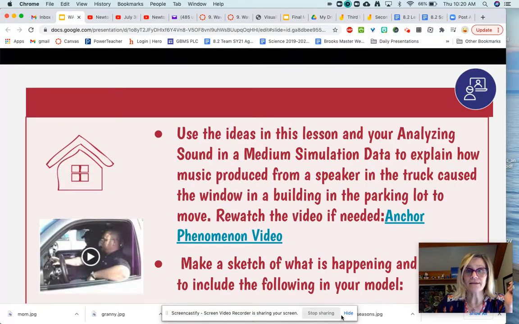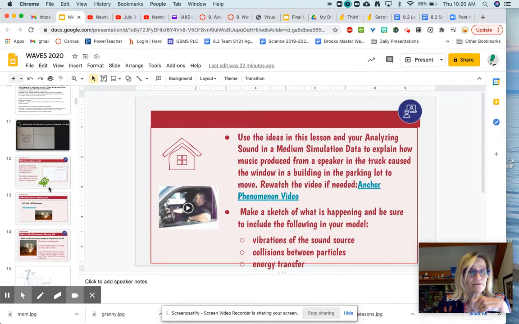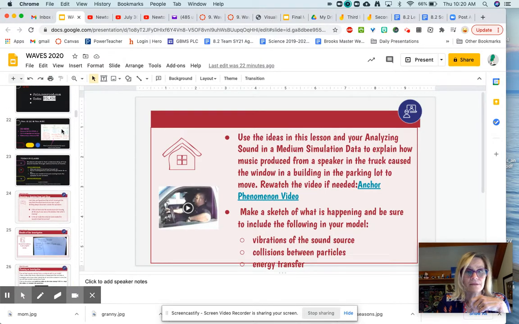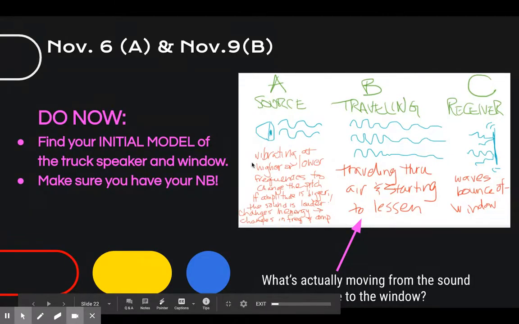And don't forget, we have initial models. So here is an initial model, and we've already improved it. We've already talked about how the speaker moves, so include all of this in your model. We've talked about how it vibrates at higher and lower frequencies and bigger and smaller amplitude to change the volume.